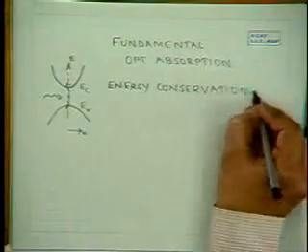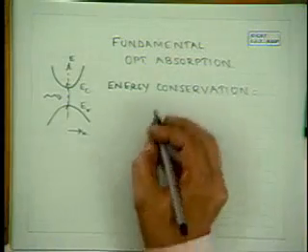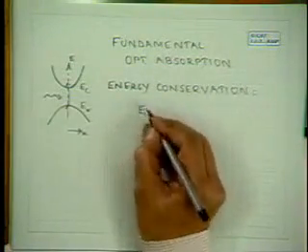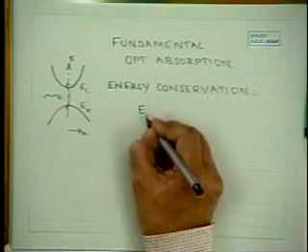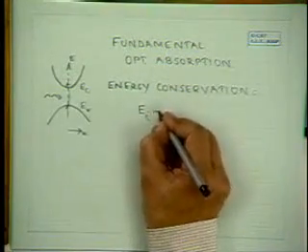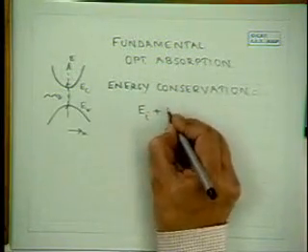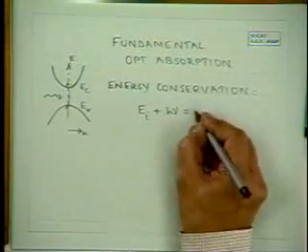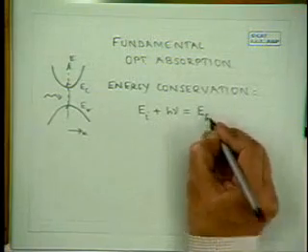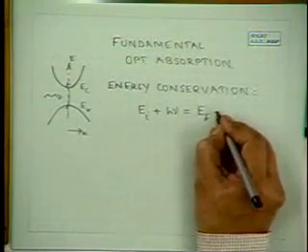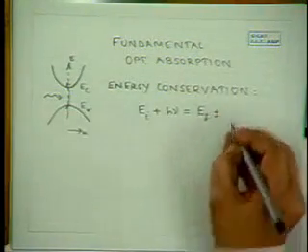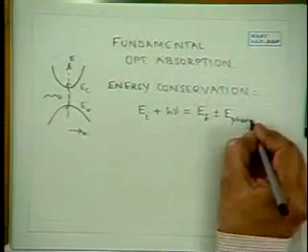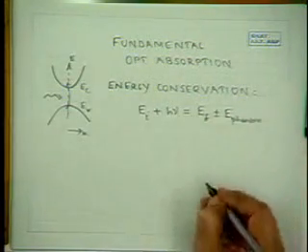The energy conservation law requires that initially the energy of the electron in the initial state plus h nu of the photon must be equal to the energy of the electron in the final state plus or minus any lattice vibrations or phonons that may or may not be excited.